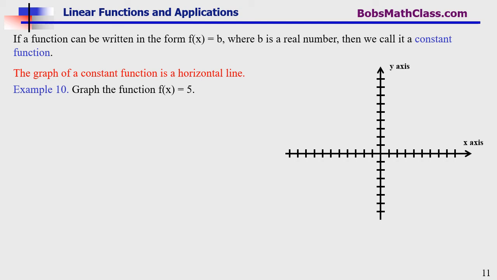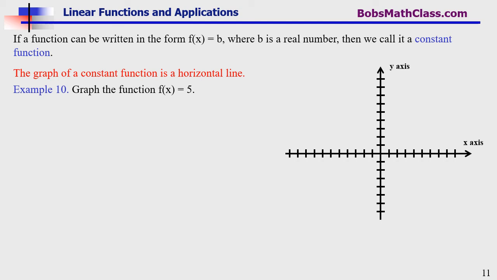So if there's no slope, that makes it a horizontal line. It cannot be a vertical line because a vertical line is not a function, right? If you draw a vertical line and try to do the vertical line test, it hits everywhere. So keep that in mind. A vertical line is not a function.